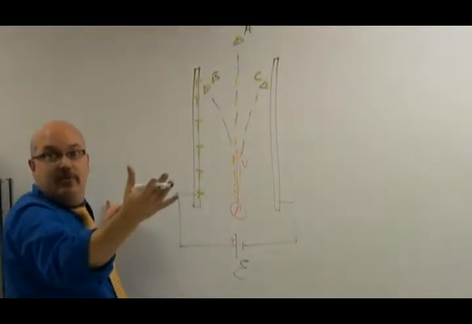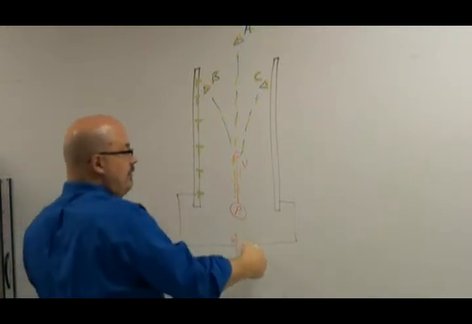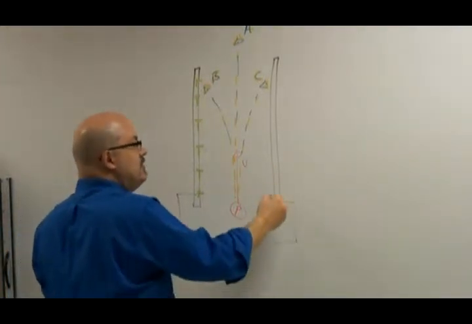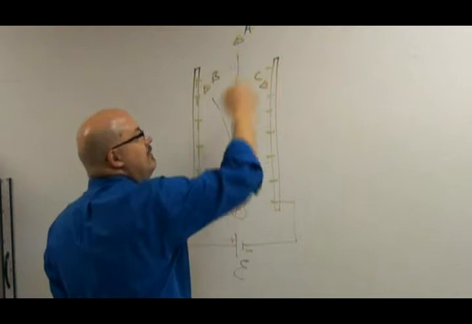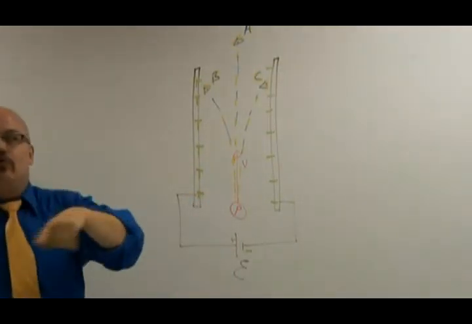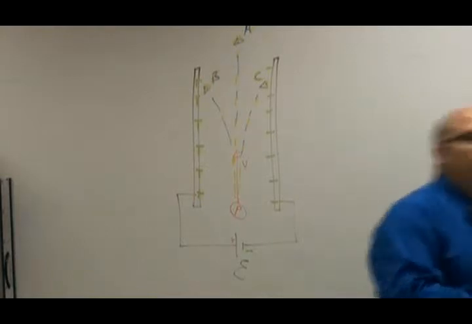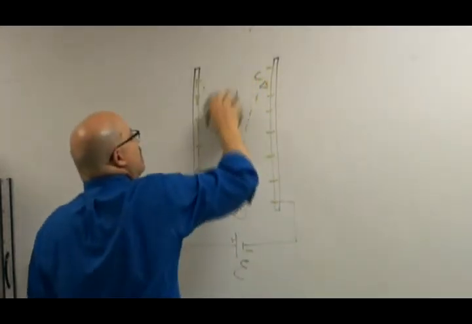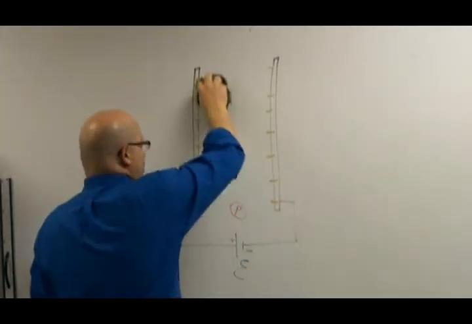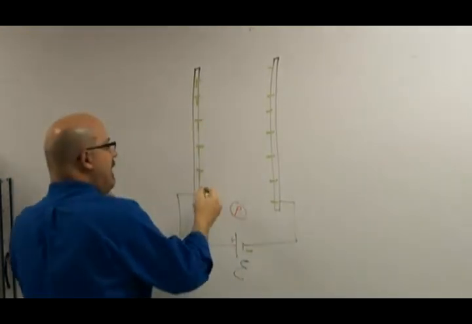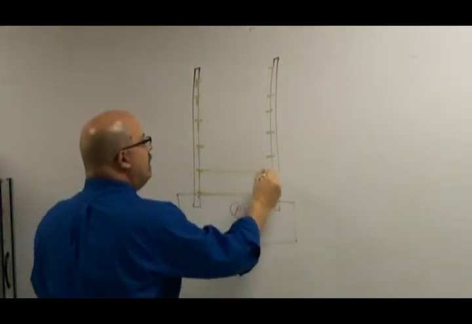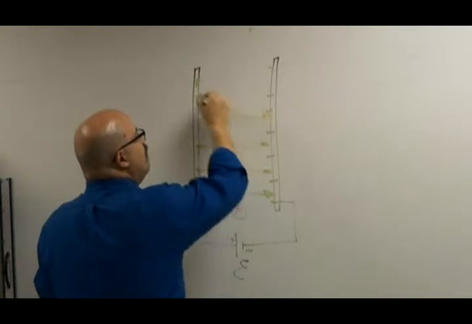This one is the negative side of the battery, so it shares charge and gets the same potential. Next, which way does the electric field now point? From left to right, towards the right. Straight across, from plate to plate, it's uniform and the same magnitude and direction all the way, right?